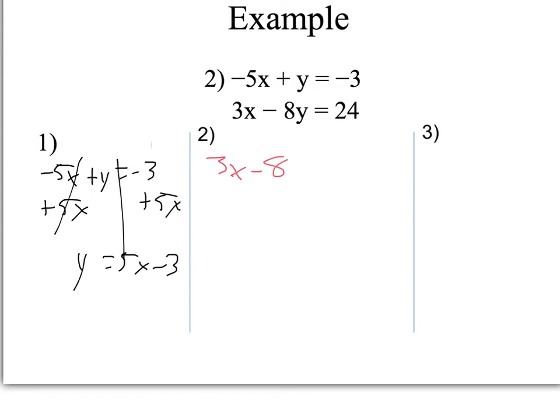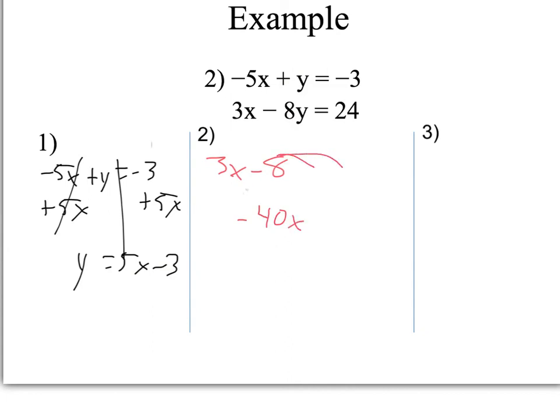Step 2, take the equation we did not use, which would be the 3x minus 8y, but instead of writing in this y, I want to take it out and replace it with what y equals. So I want to take the y out and replace it with 5x minus 3, equal to 24. Distributive property, we're distributing in negative 8, so negative 8 times 5 is negative 40x.